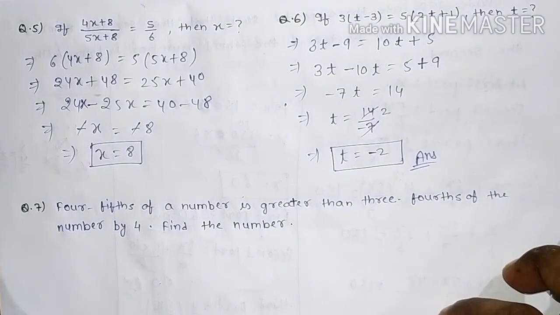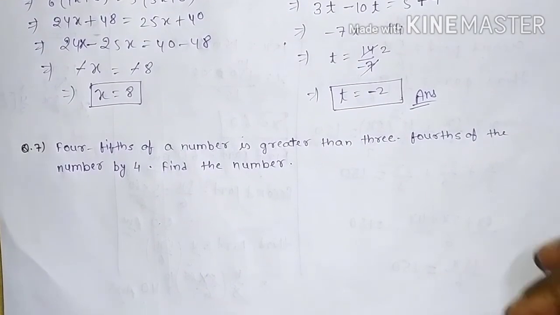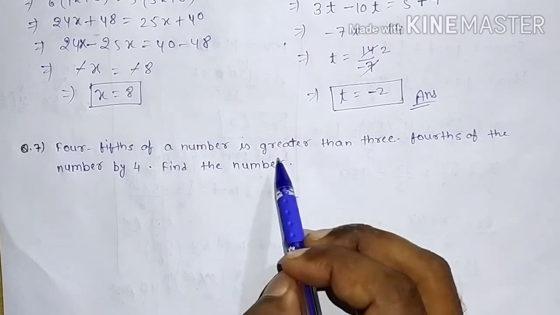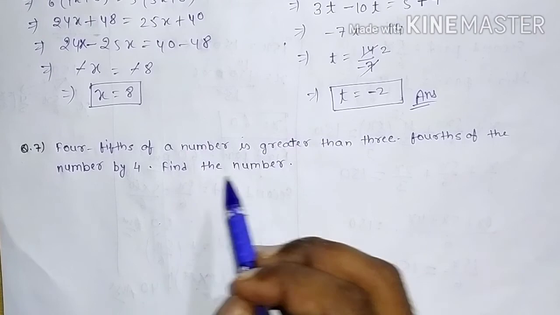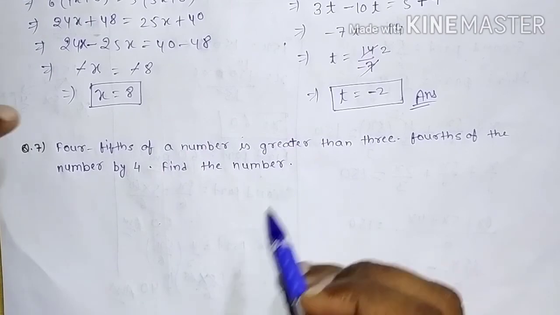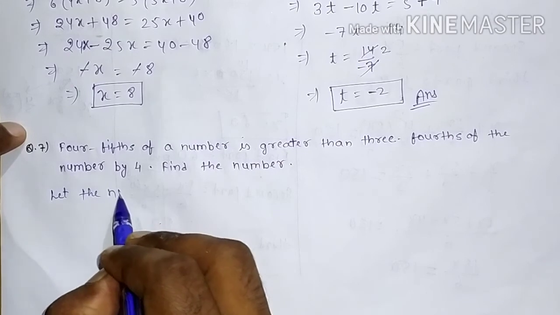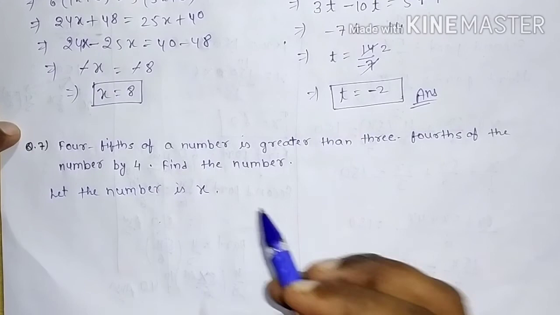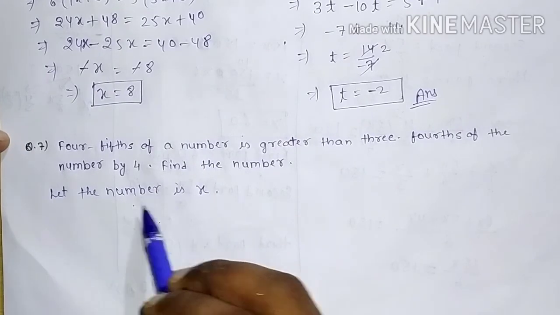Now the next question, that is question number 7. 4/5 of a number is greater than 3/4 of the number by 4. Find the number. So first of all, let the number be x. Here I am taking the number as x.